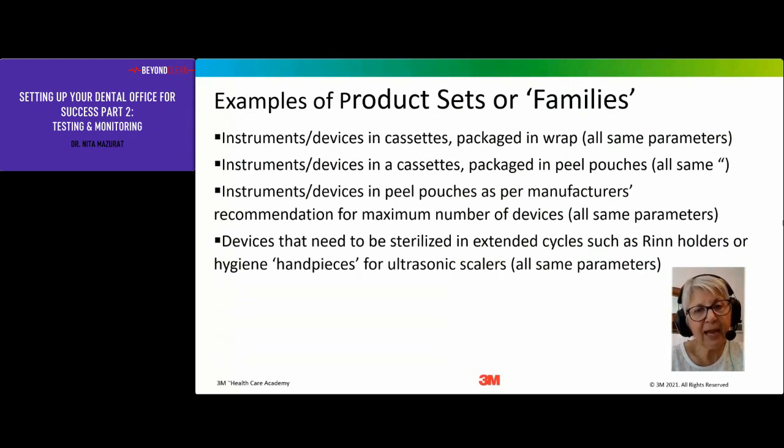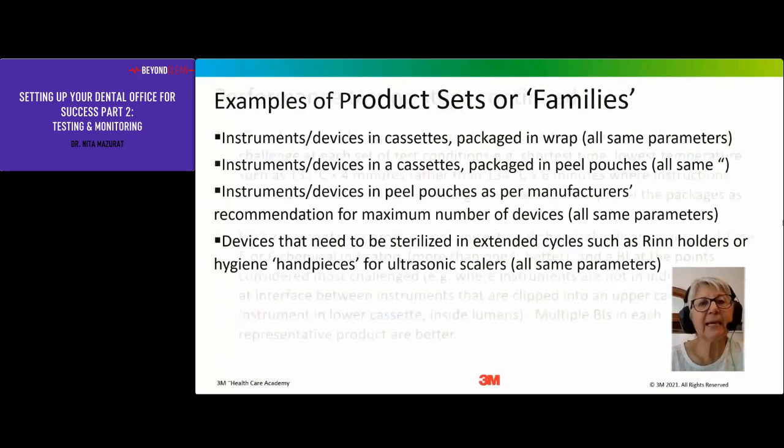Many of the hygiene handpieces for the ultrasonic scalers are run at longer time, and it's because they're lumens. So plastics are frequently longer or extended cycles. Some of our handpieces in dentistry are also extended cycles. Please check your manufacturer's instructions for use, and when you are sterilizing, you need to make sure that you follow those manufacturer's instructions for use.